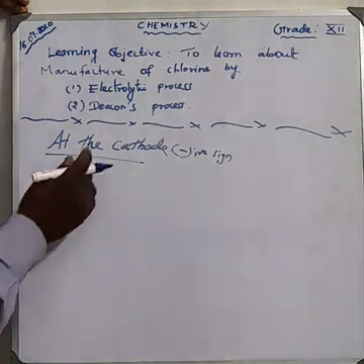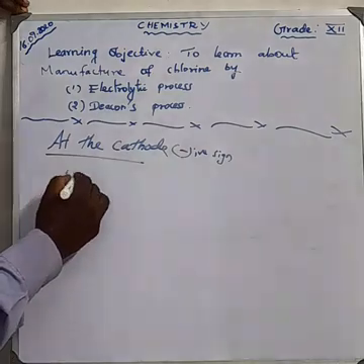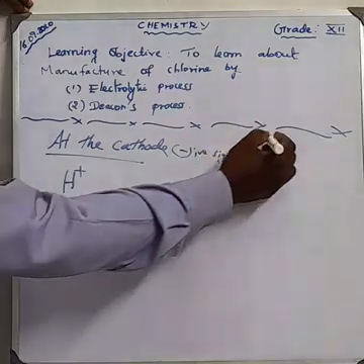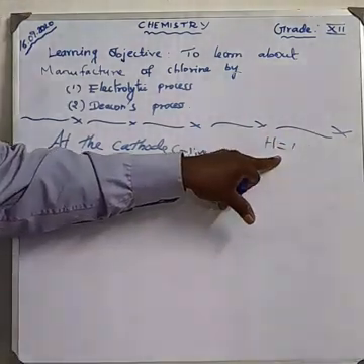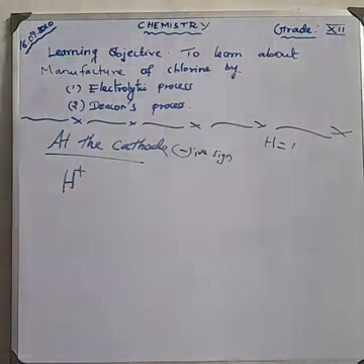Here, the reacting species are H plus ions. H plus means hydrogen has lost one electron; hydrogen's atomic number is 1, so it has only one electron. Losing it gives H plus.